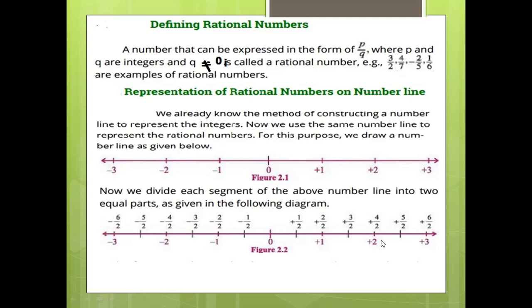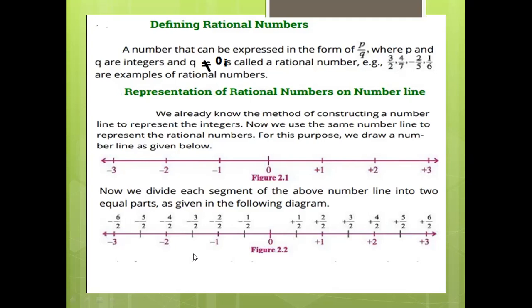Similarly, between 1 and 2 we get 3 by 2. One number is added in the given number. 4 by 2 is equal to 2, and 5 by 2 is equal to 2.5, and 6 by 2. Similarly, the negative numbers are on the left hand side.